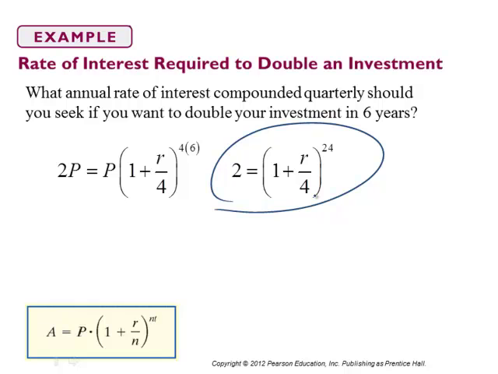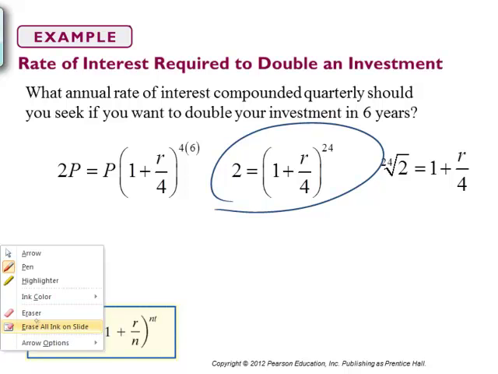How do you solve for r? Well, I would suggest either taking a logarithm of both sides or raising both sides to the 1/24th power, one or the other. Sorry, raise each side to the 1/24th power.